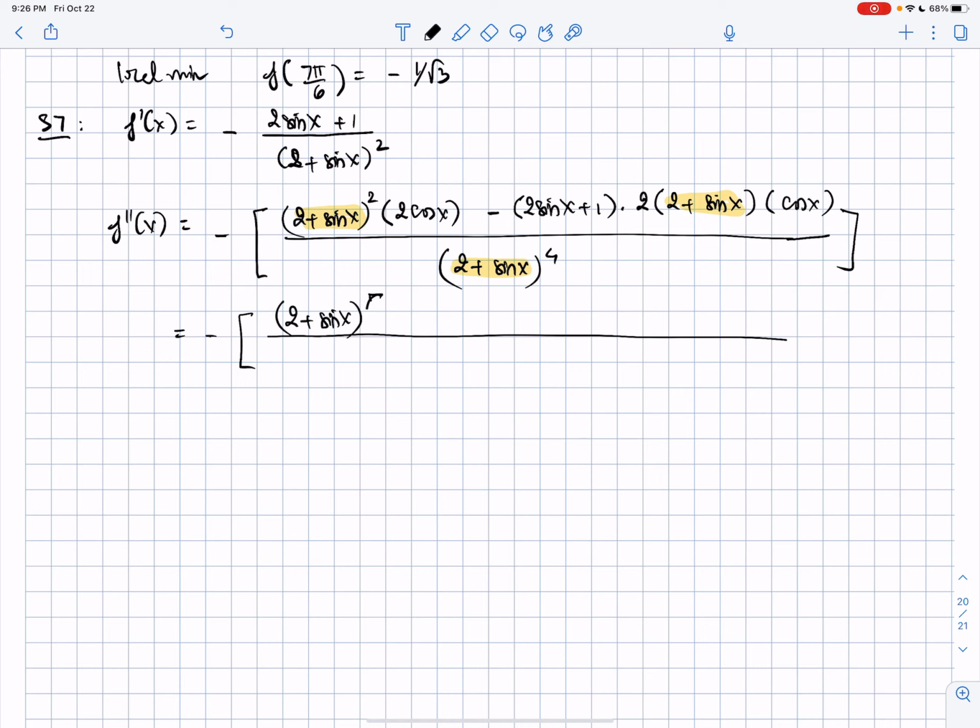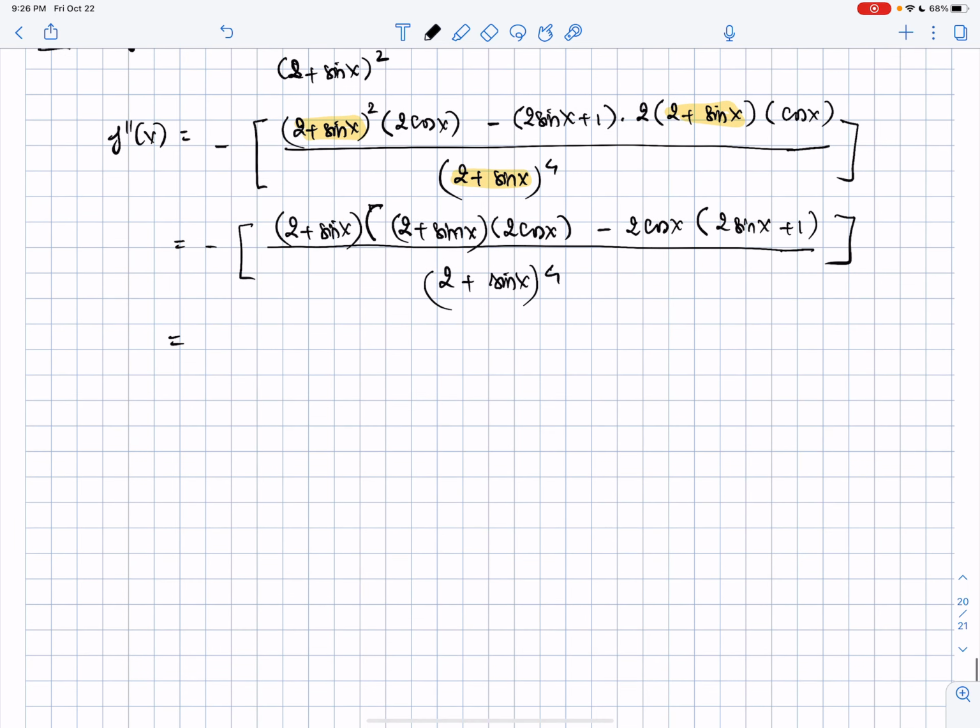So what I have inside the parenthesis is 2 plus sine of x multiplied by 2 cosine of x minus 2 cosine of x times 2 sine of x plus 1, divided by 2 plus sine of x to the fourth. Okay, we can cancel now this one and this one.